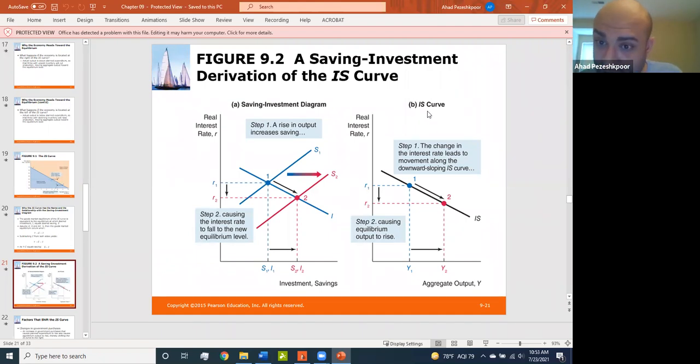The IS curve will look at it from this perspective, that first there is a drop in interest rates, then your equilibrium output rises. This is the relationship between the IS curve and saving investment.